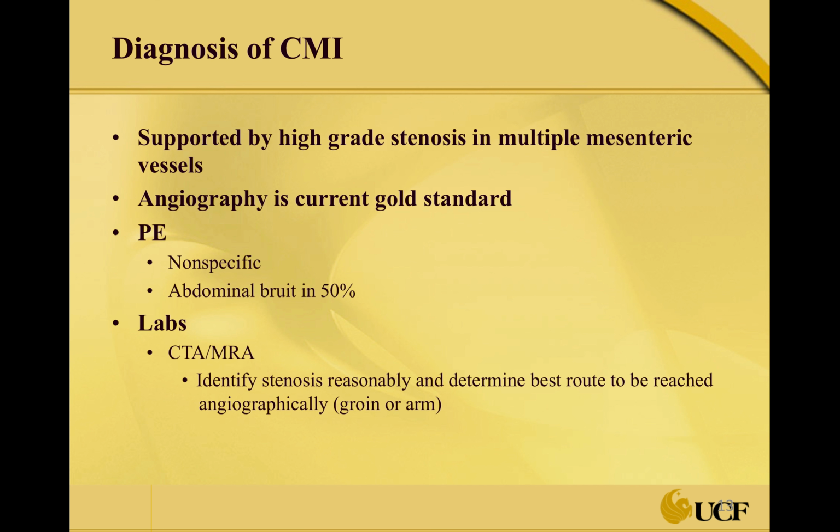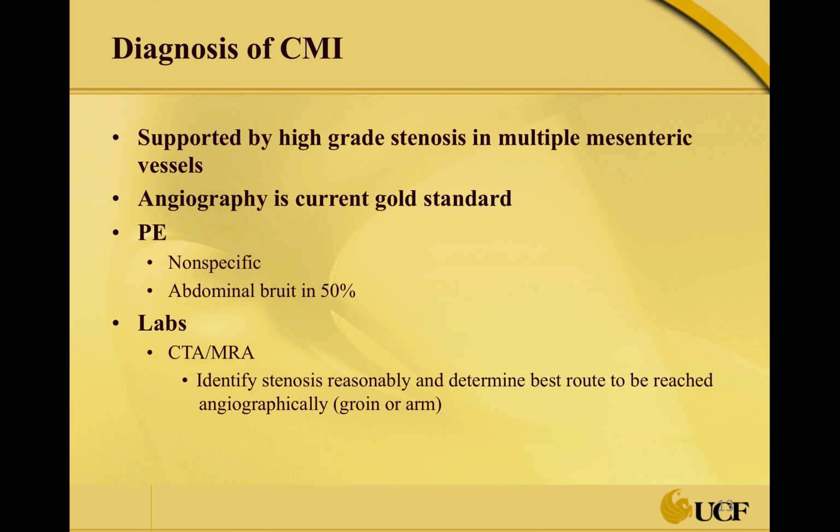Angiography is the current gold standard for the diagnosis of CMI. The physical exam, again, is non-specific. You may hear abdominal bruit in 50% of the cases, but again, it's a 50-50 possibility. Labs, CTA, MRA will identify stenosis reasonably and determine the best route to be reached angiographically.